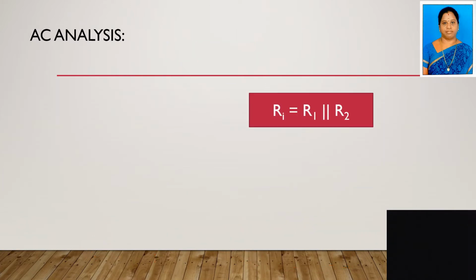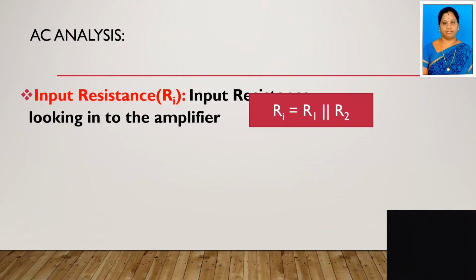So first of all, if you want to see the input resistance looking into the amplifier, how to calculate? In the previous slide, I have explained. Here we have the resistance R1 parallel to R2.